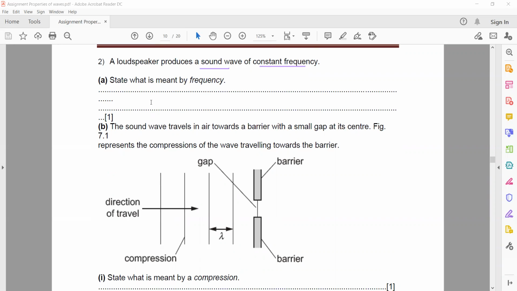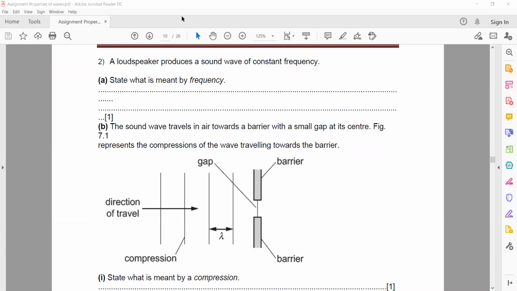So the definition of frequency is the number of waves in 1 second, or the number of vibrations in 1 second. That's called frequency.